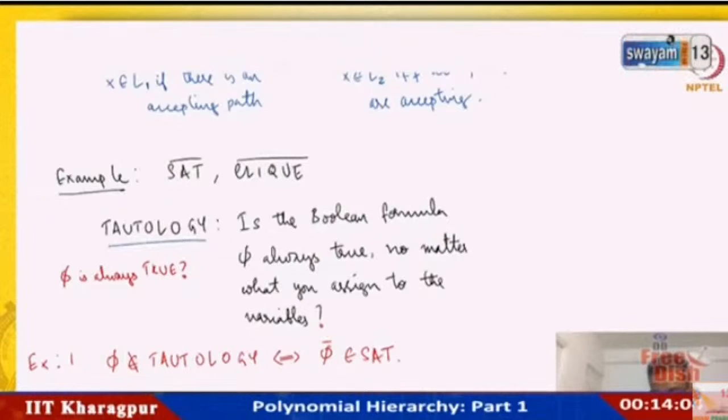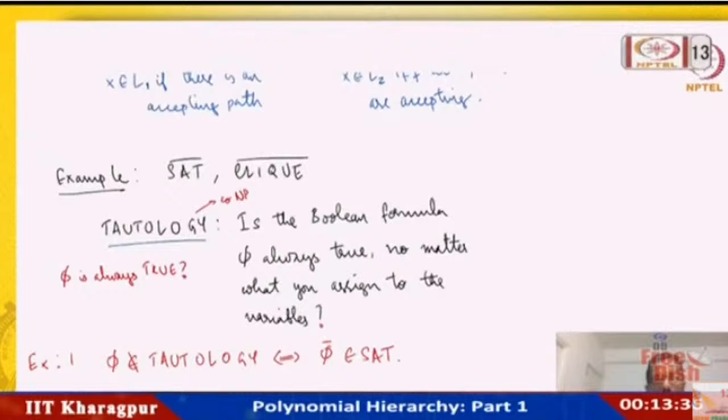I am saying that tautology is in CoNP. The complement language is the set of all Boolean formulas such that it will not be always true; it will evaluate to false in some assignments, right? So if phi is not in tautology, that means it evaluates to false in some instances.